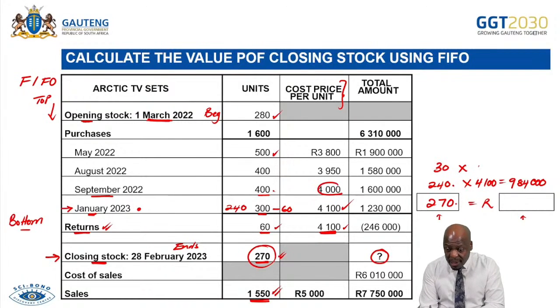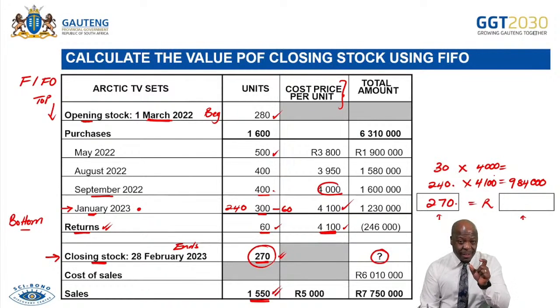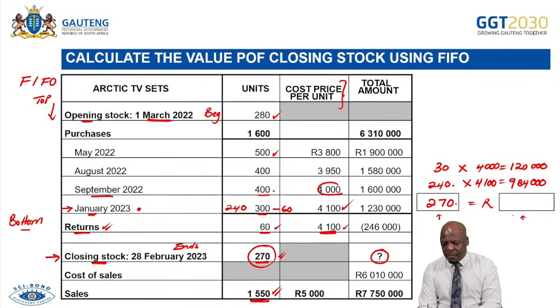Their value per unit is 4,000. So it is 30 units, and each one has a cost price of 4,000. How much is that? On your calculators, please. 120,000. Thank you.